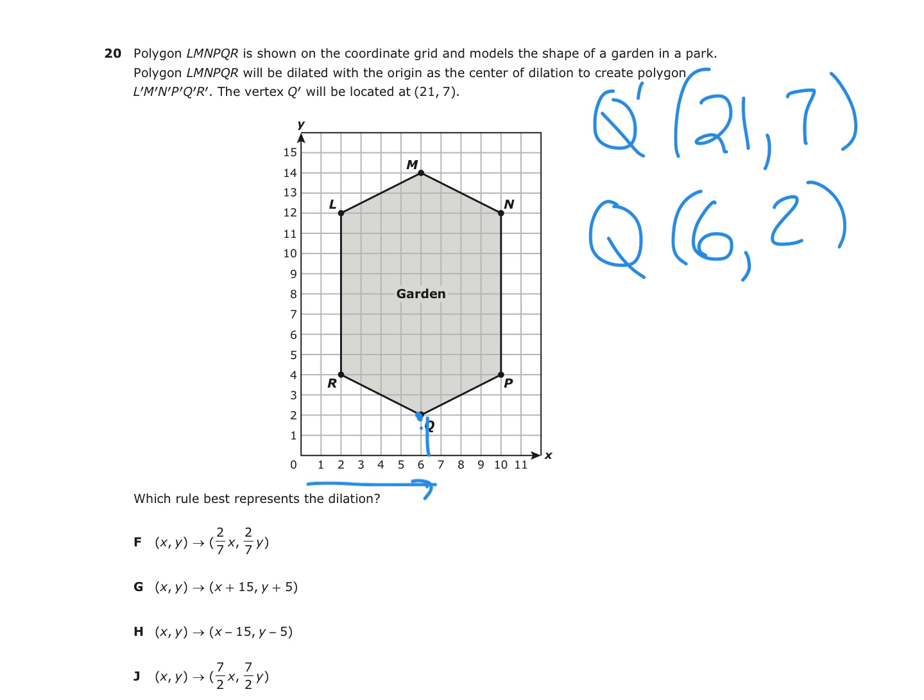I have to multiply by a factor of 7 over 2 or 21 over 6. By the way, 21 over 6 is the same thing as 7 over 2. So I have to multiply by 7 over 2. Answer F has 2 7s, but answer J has 7 over 2. Which one should it be?